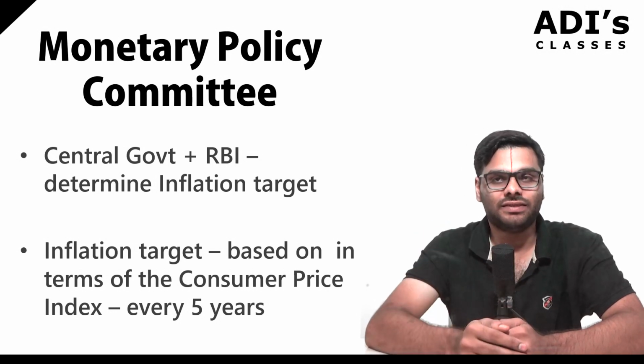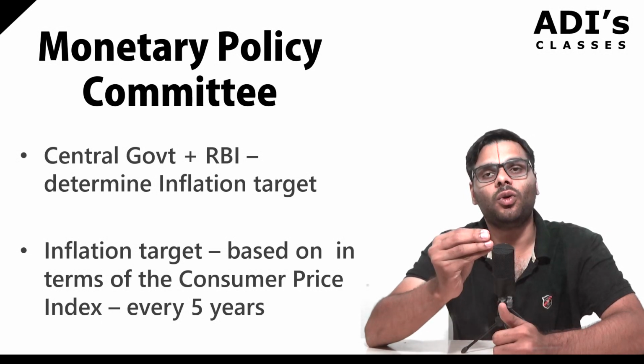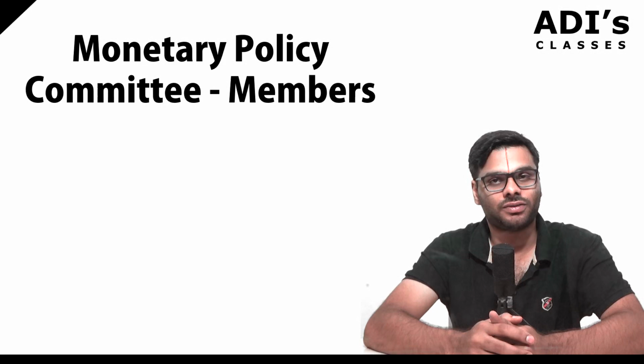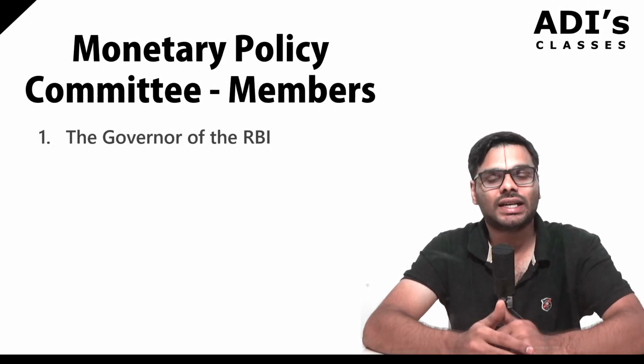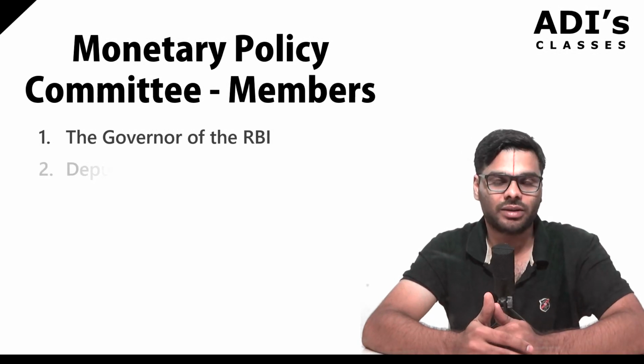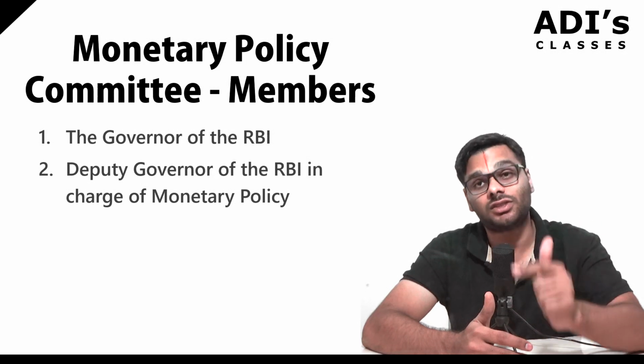So once in every 5 years, the Monetary Policy Committee is formed. Okay. So what does the Monetary Policy Committee consist of, or who does it consist of? The first one is obviously the governor of the RBI, right? The governor of the RBI is the highest official of the RBI. The second is the deputy governor of the RBI, who is in charge of monetary policy.